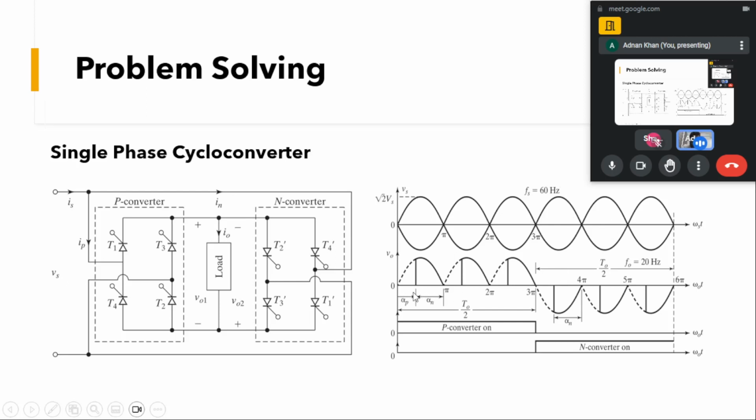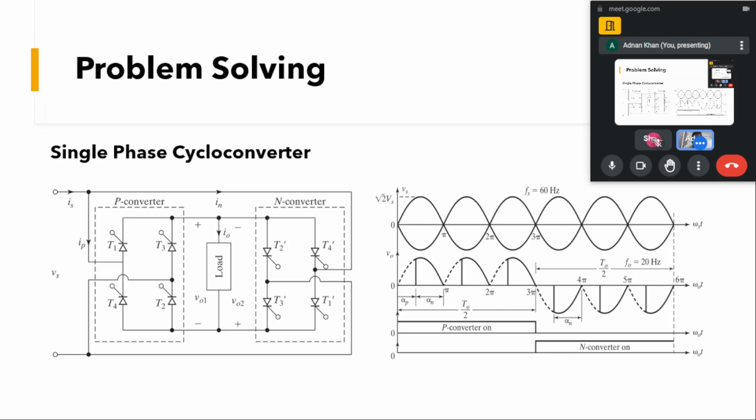So if the p type is triggered at alpha, the n will be triggered from pi minus alpha, that is from this point. Also, what is to be kept in mind, the average voltage of the p converter and the n converter will be the same, but the signs will be negative.